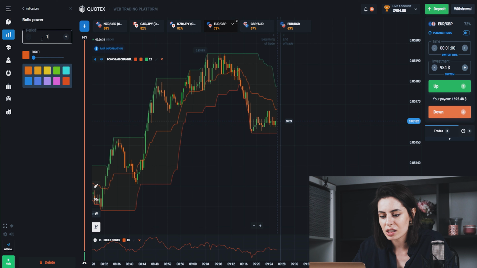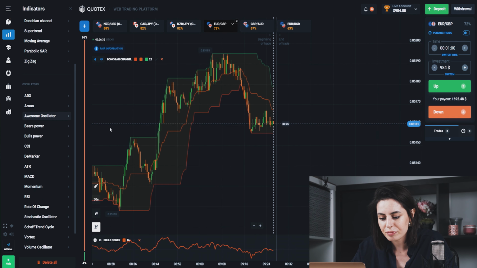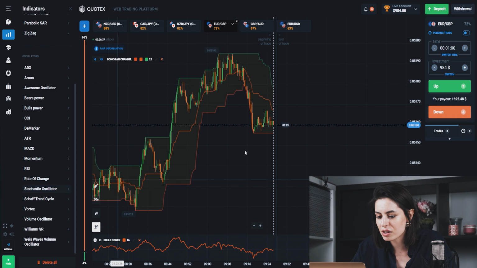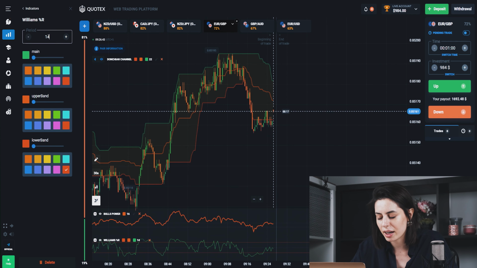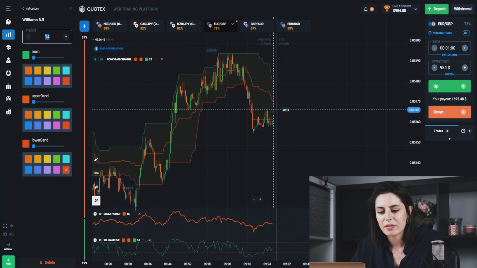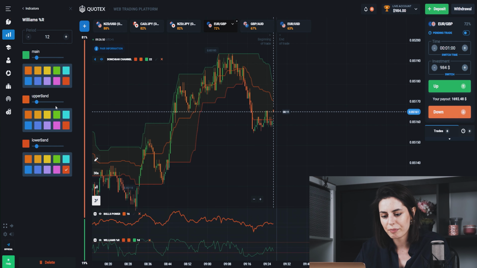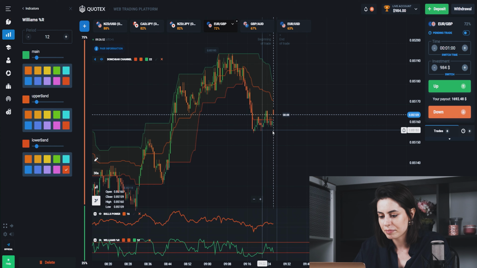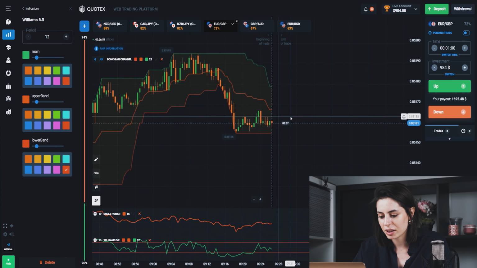So here are the indicators that I am choosing today. It's with this channel, with this bulls power, I don't think that I used that before. Maybe I was not. This is the Williams that I was using not a long time ago. And this is how our chart is going to be looking.